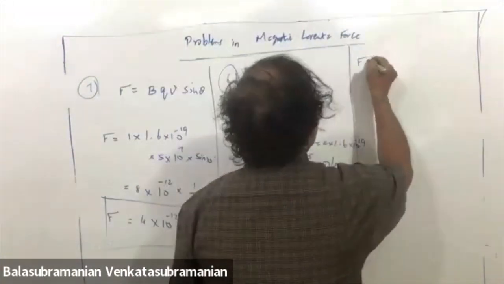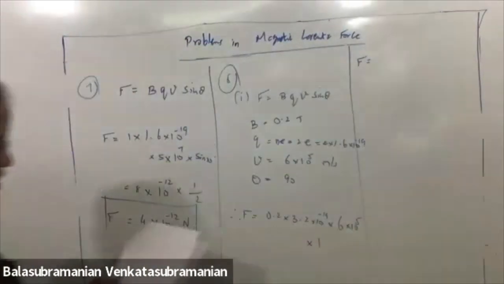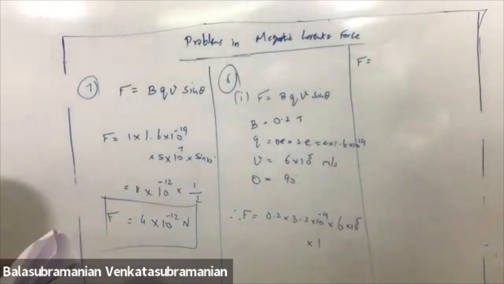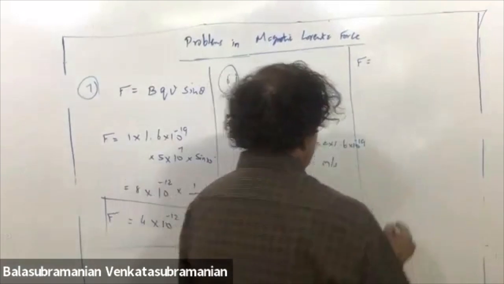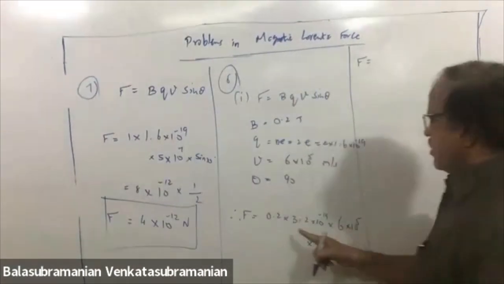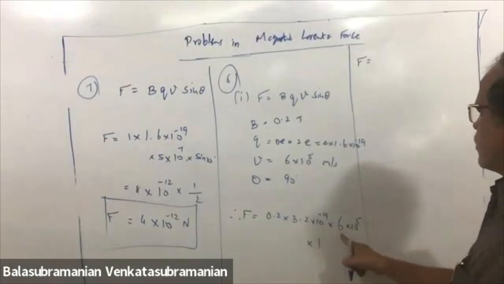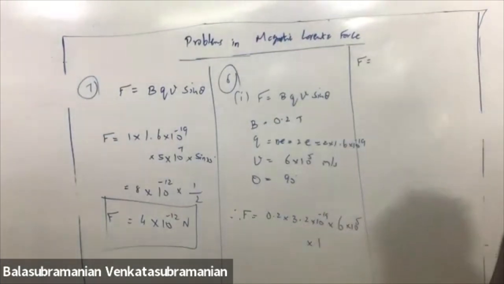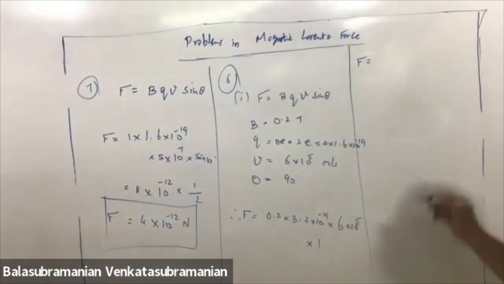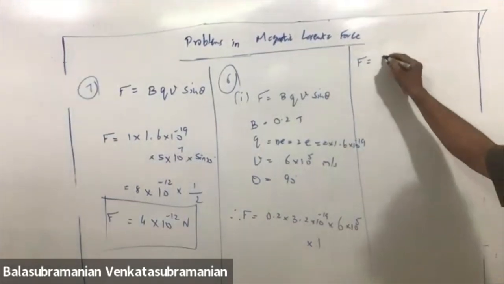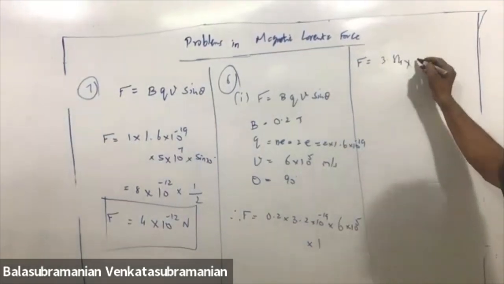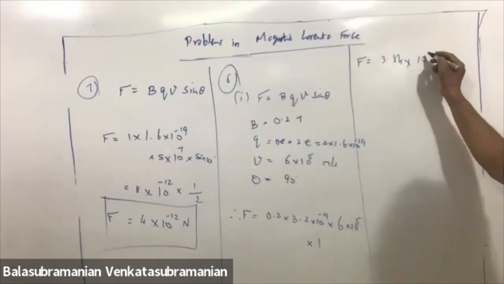So F is equal to the value: 3.2 into 2 is 64, 64 into 6 is 3.84, into 10 power minus 14.